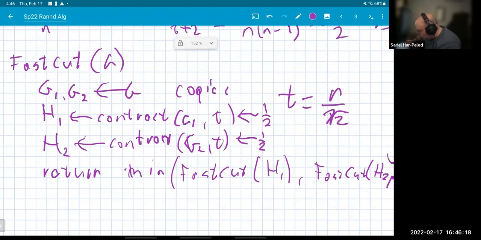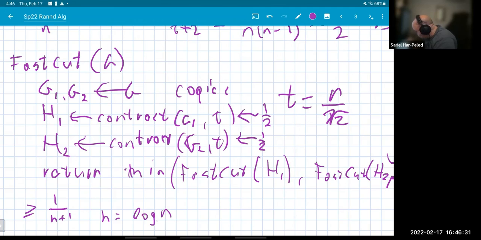I already argued, in the coloring stuff we did before, that the probability of having such a path is 1 over h plus 1, where h is the height, which is roughly log base square root 2 of n. So the recursive algorithm I described finds the min cut with probability 1 over log n.